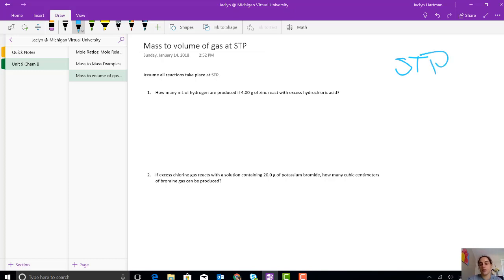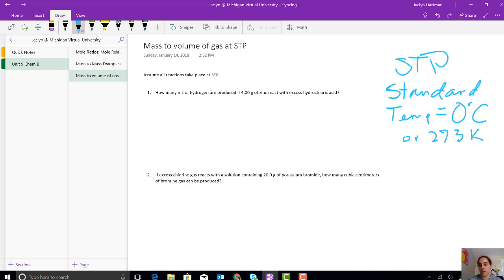And standard temperature is equal to 0 degrees Celsius, which is 273 Kelvin. And standard pressure is 1 atmosphere of pressure.